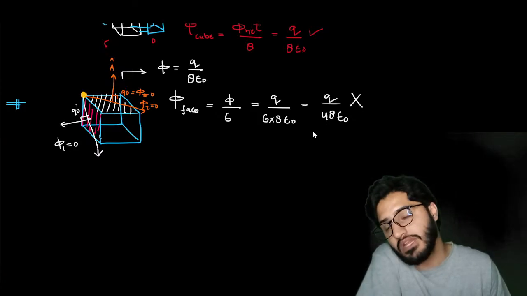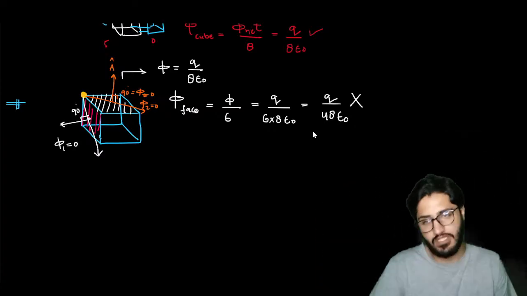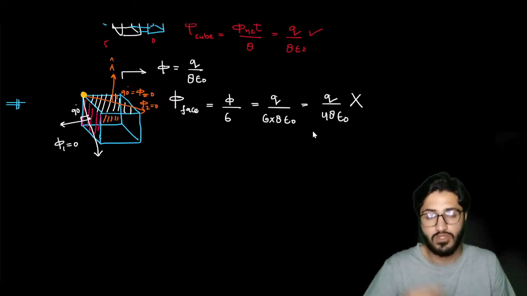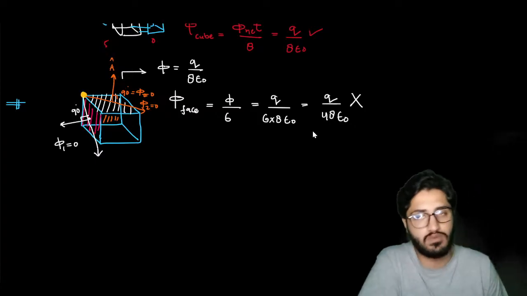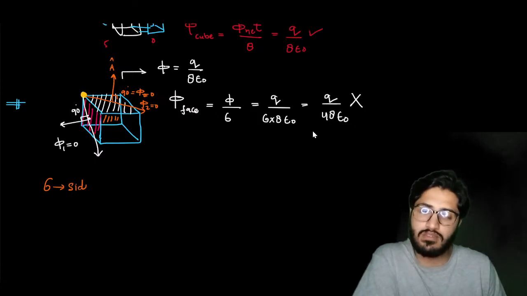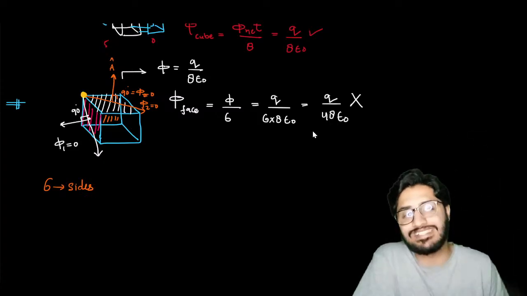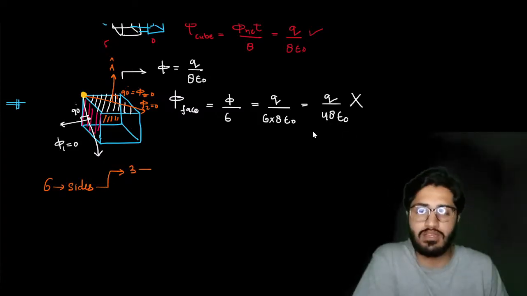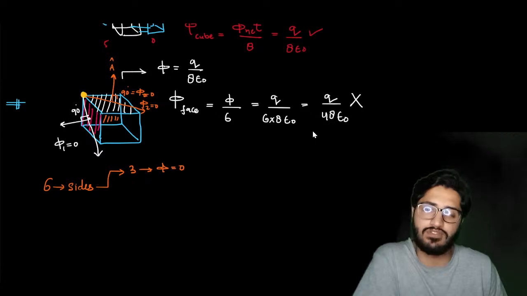Now the back one, this one. So the flux from this one is also 0. This cube has 6 sides. So on 3 sides, my flux is 0.